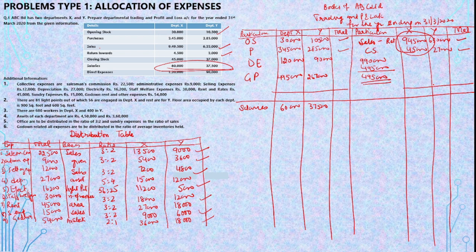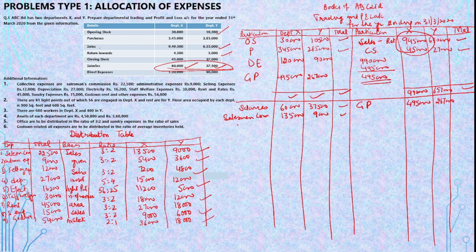Now gross profit is carried forward to the P&L account, so recording it here. Now record all the expenses. Salaries was given, it was an identifiable expenditure, so it was given separately. Now record all other expenses, starting with salesman's commission, 13,500, 9,000, total can be recorded.